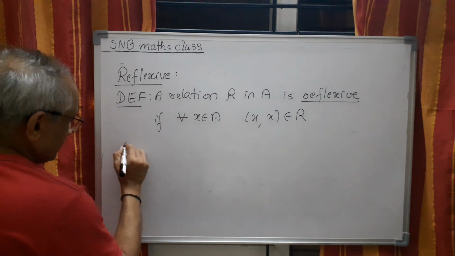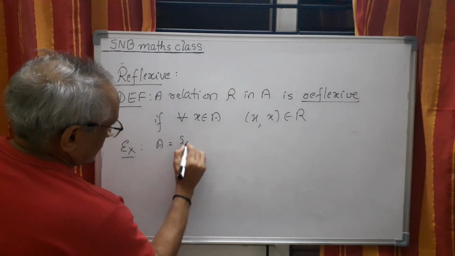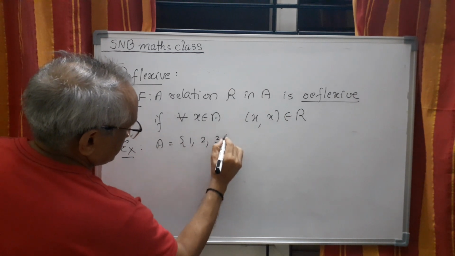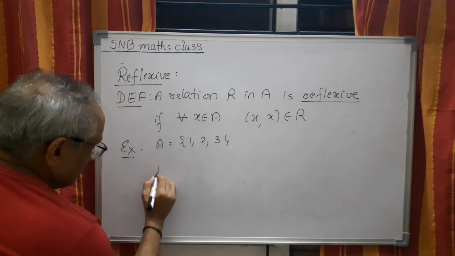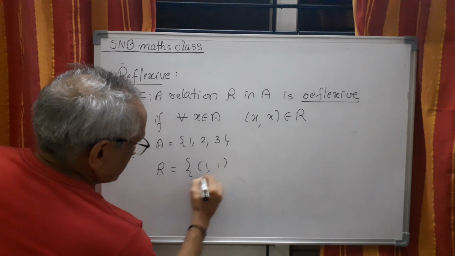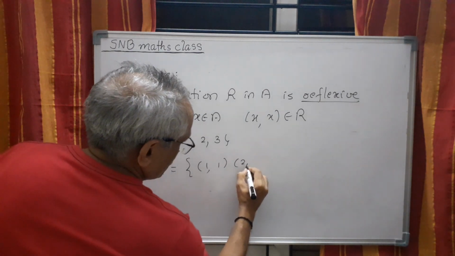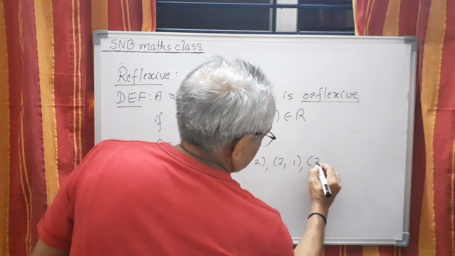For example, let me take A equal to {1, 2, 3}. Then I need not write A cross A. I will directly write the relation R. Say, for example, I will write (1, 1) is there. Then say (2, 2) is there. Say (2, 1) and (3, 3).